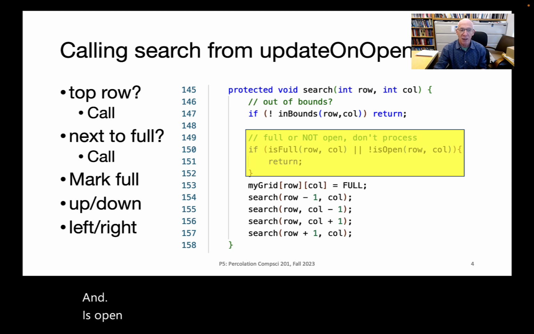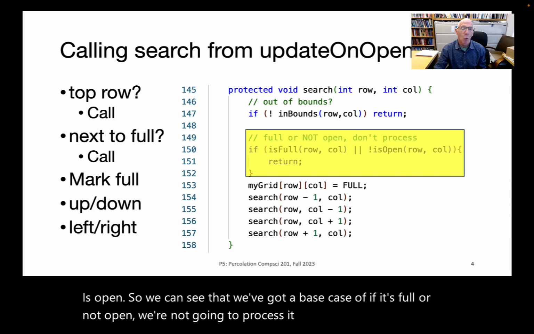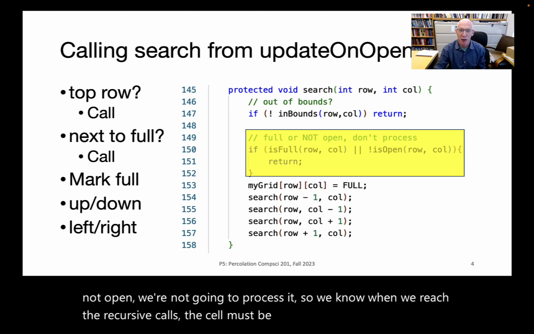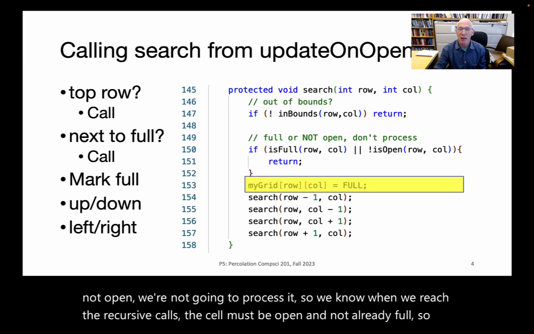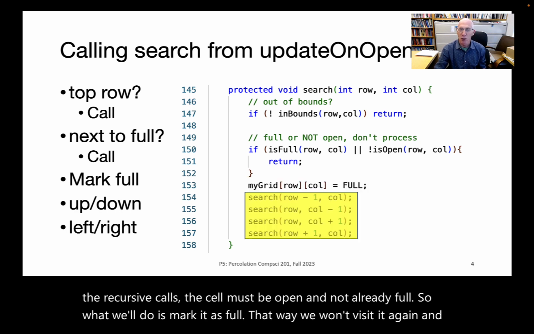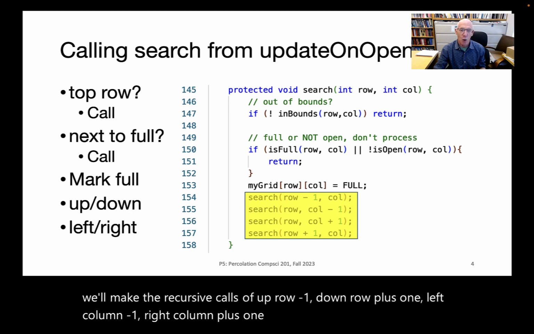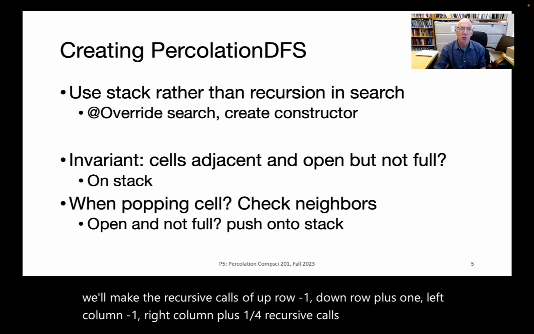So we can see that we've got a base case of if it's full or not open, we're not going to process it. So we know when we reach the recursive calls, the cell must be open and not already full. So what we'll do is mark it as full. That way we won't visit it again, and we'll make the recursive calls of up, row -1, down, row +1, left, column -1, right, col +1. 4 recursive calls. That's the code that's given to you.